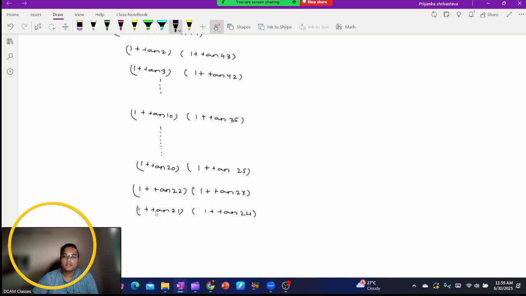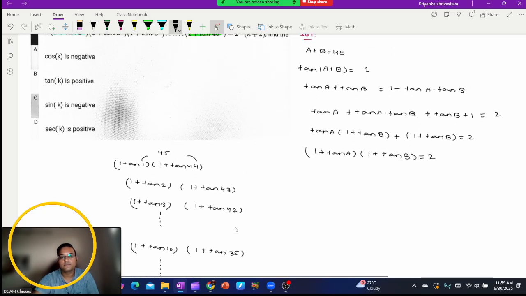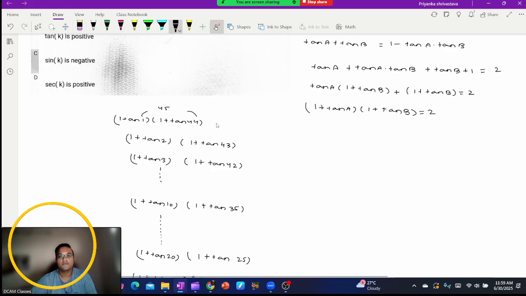Now everything is covered: 20, 21, 22, 23, 24, 25, 26, everything is there. So for these values, how many terms are there? This is 1, 2, 2, 2, like that up to 10.